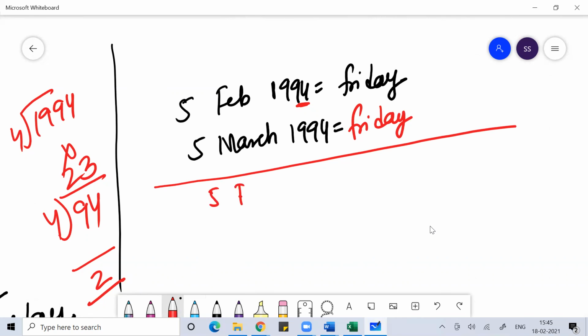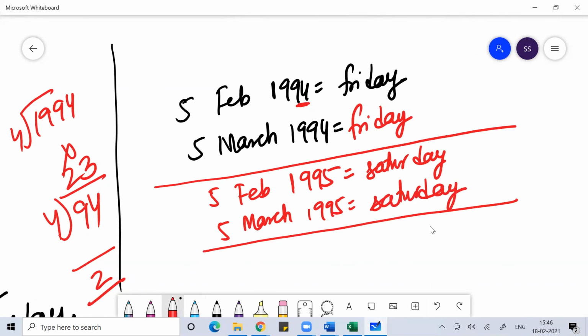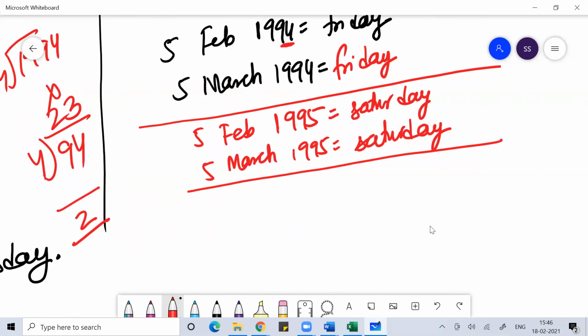Now if I ask you 5th February 1995, which day? Saturday only, because it's a normal year and the day is postponed by one day. Then 5th March 1995, which day? Saturday only. Everyone is clear with this part, because in a normal year the days of February and March go the same. 1984 was not a leap year, 1985 is not a leap year.